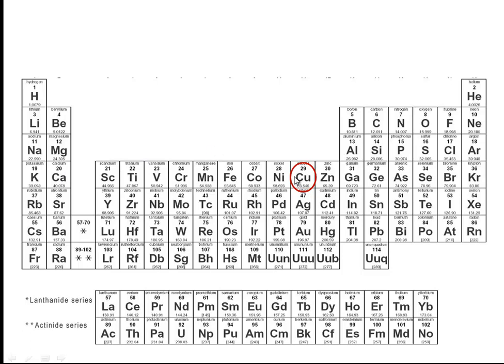If you look carefully at the atomic weight of copper, it's 63.546. In our class, we've agreed that we're going to round these atomic weights to 2 decimal places. So this would be 63.55.